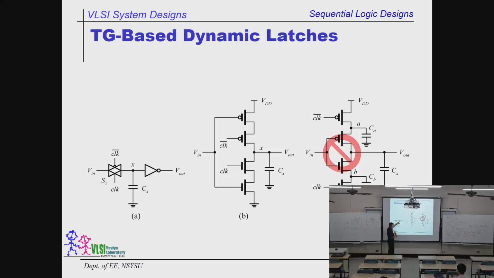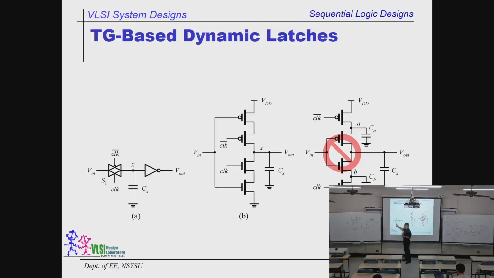And the strategy to create a big CX is that we have a very big inverter, or we have a capacitor over here. So if this is the case, all we need is a switch over here, a memory device, and an inverter. That's all. This is called dynamic.